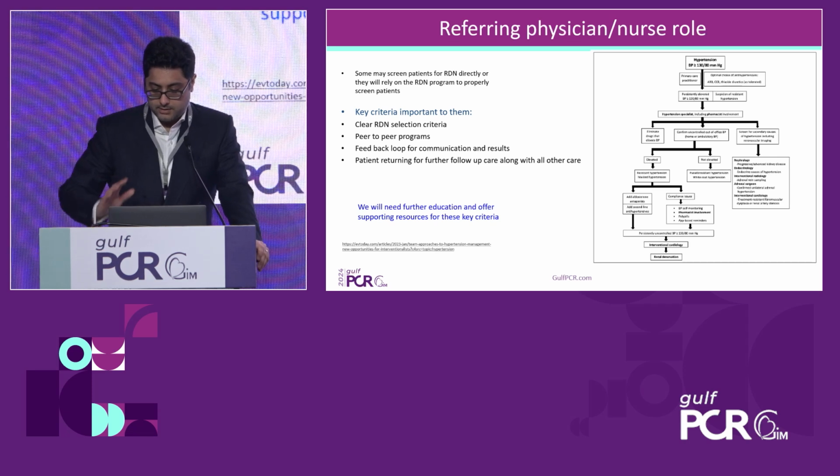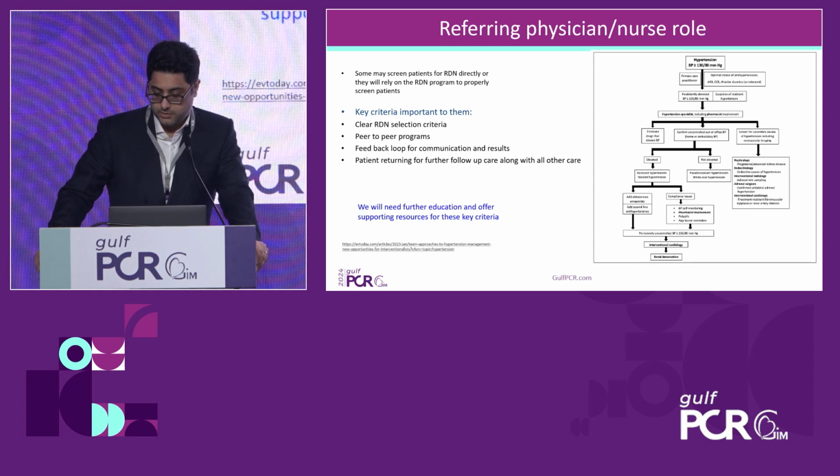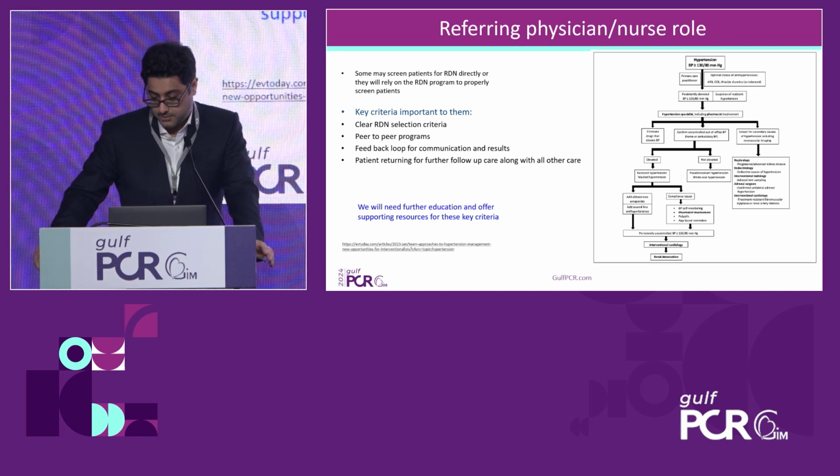If you look at the right of the screen, this is the flow chart. You have a patient whose blood pressure is always elevated, more than 130/80. The primary care physician should assess whether he's on optimal therapy. That's very important. He's on an ACE or an ARB with a diuretic along with a calcium channel blocker, and whether he persistently has elevated blood pressure.